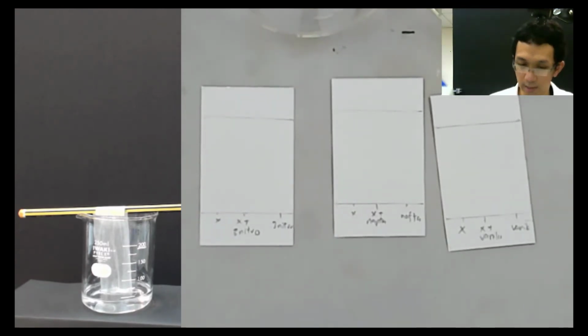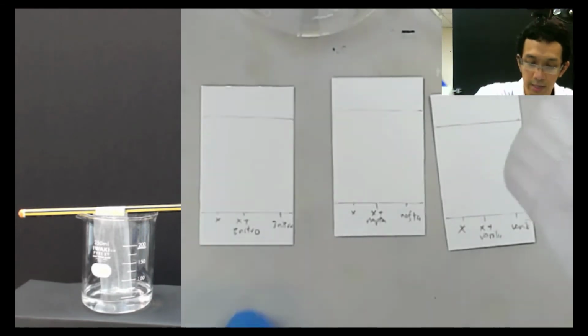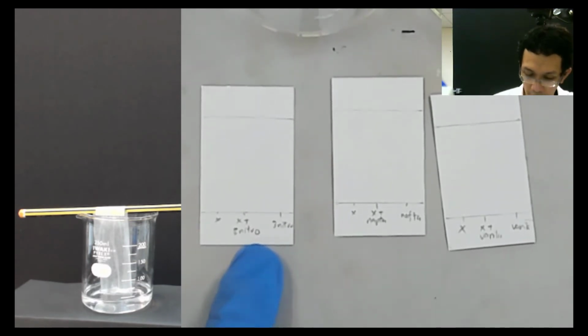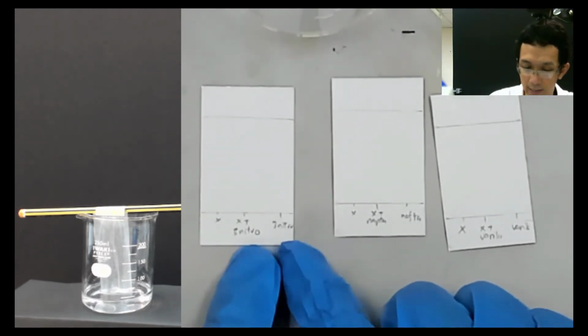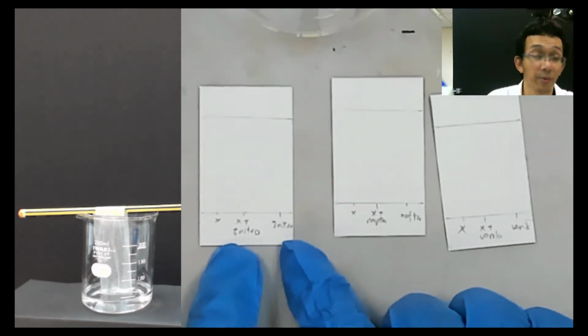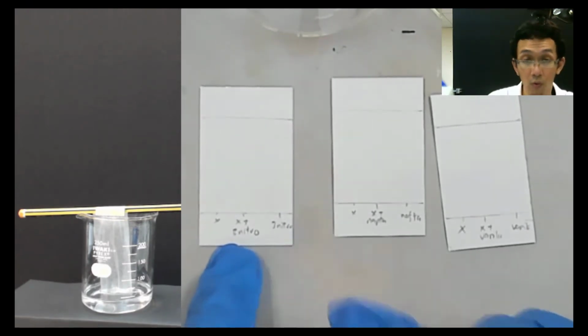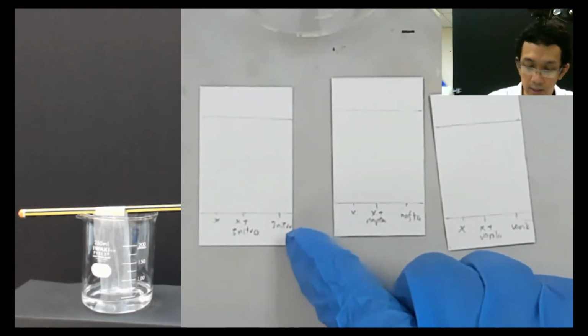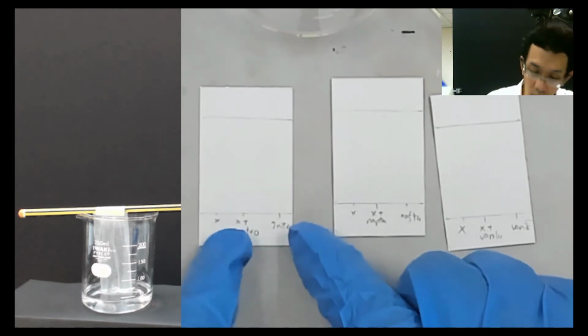Now we use the next spotter to put the nitro. If you see here, m-nitrophenol, on the side here it is alone, and the other side is in combination with the X. So when you spot, you spot here first, when it's alone, and then you spot on top of that.